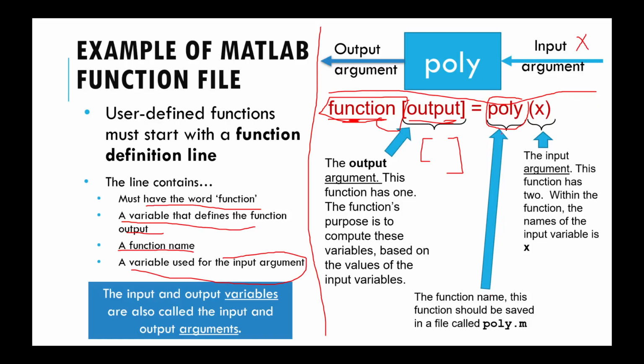So when you save your function file, you have to save it using the function name. You cannot change it. Right after the function name, you have the input arguments, or we also call them the input variables. In this example, the output argument only has one.